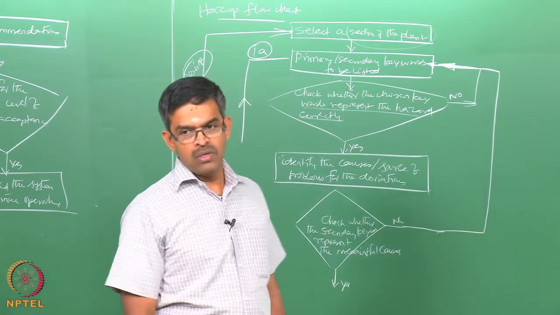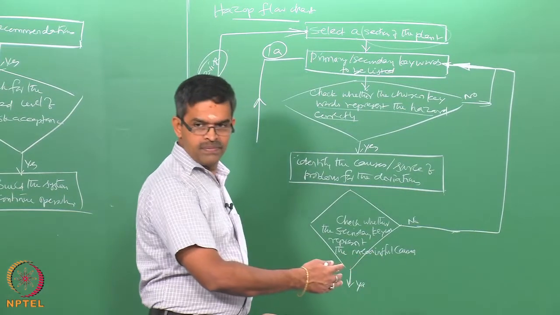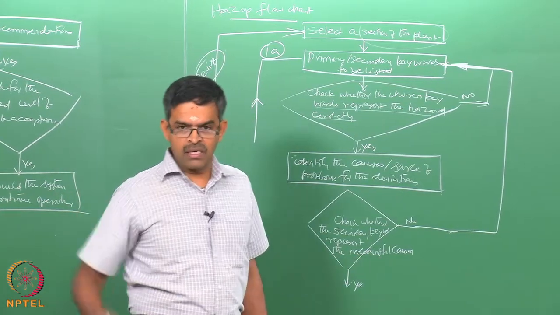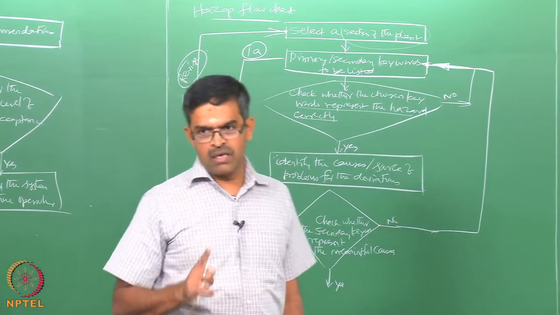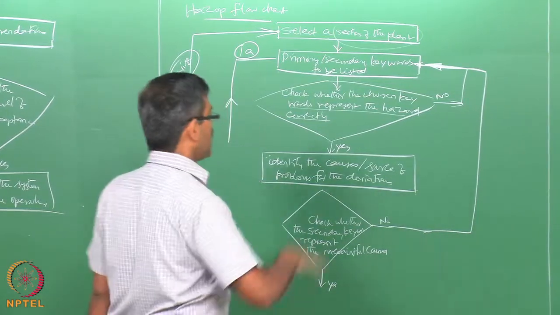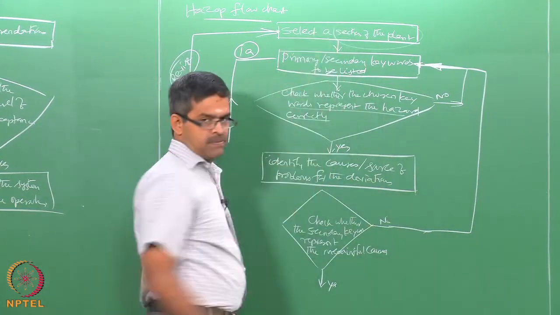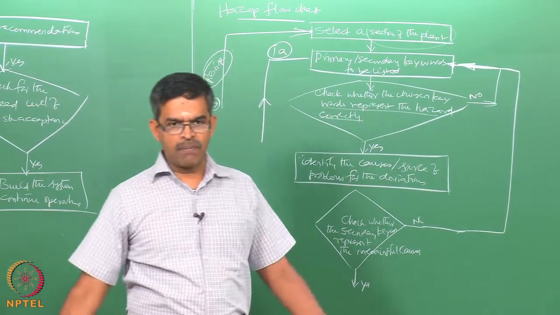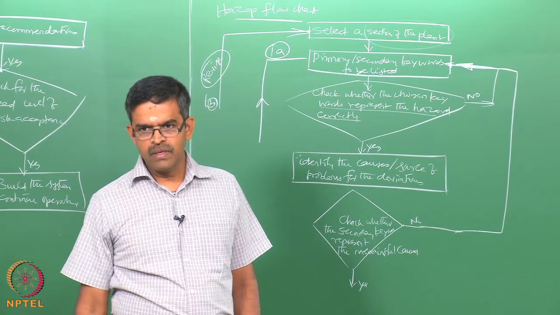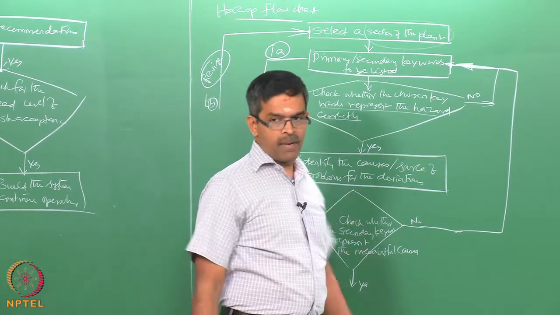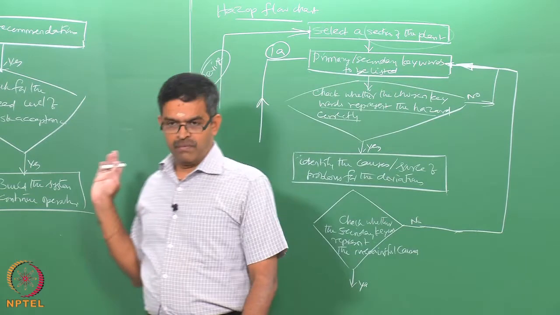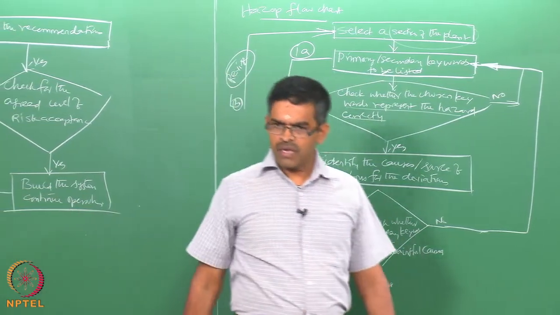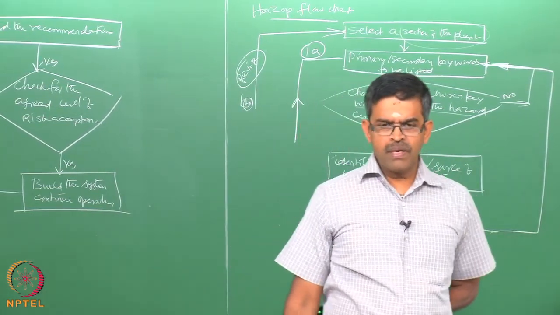Therefore, Hazop report, though it looks very simple in the flow chart, in reality it can be very confusing, because of only one reason Hazop report is done on segments. Now answering your question, why it cannot be done on the entire plant? If you do a Hazop report for the entire plant, the instrumentation diagram for the entire plant can be very confusing, you will not be able to pay attention.